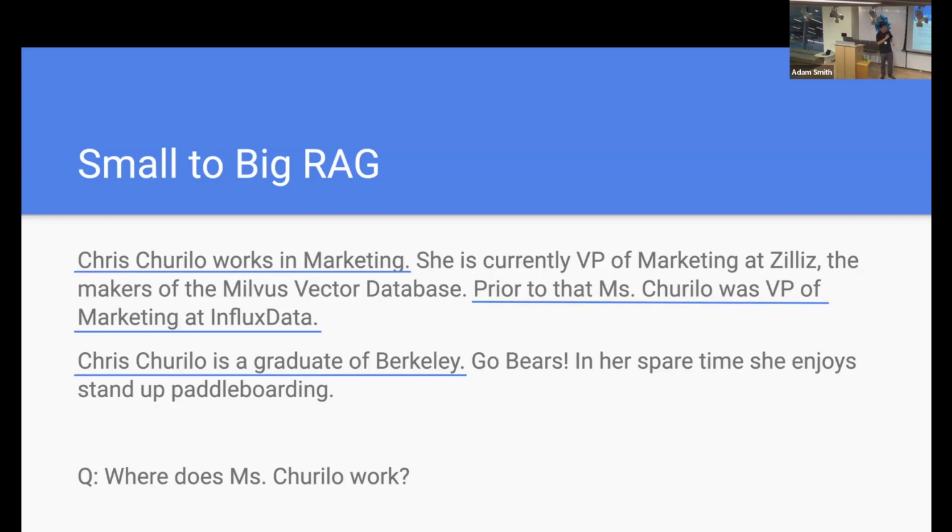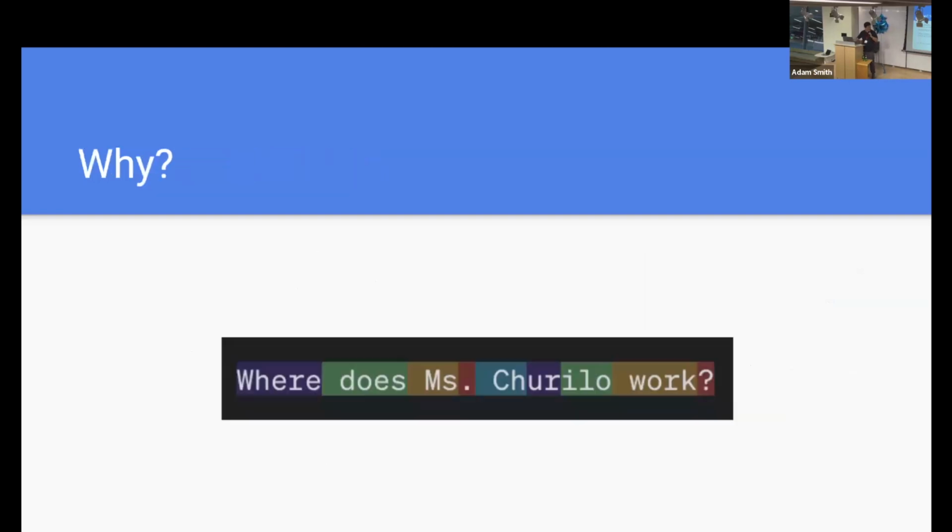And why is that? I just told you the embedding model is about intent, and intent is concentrated. But there's another thing going on here. Remember we talked about tokens? Chirillo is an uncommon set of tokens put together.